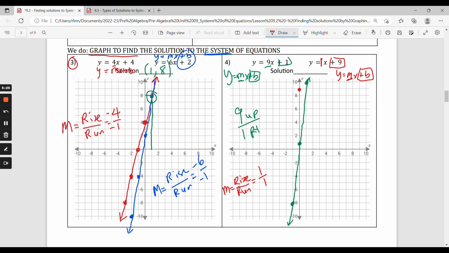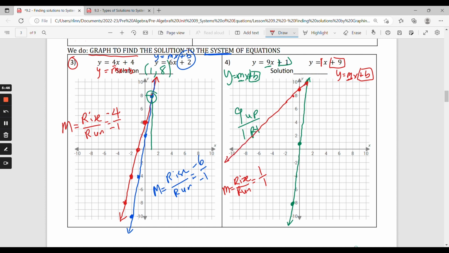So that means I'm going to go up 1, right 1. So I go up 1, right 1, and I've got my point there. I can go the other direction, down 1, left 1, down 1, left 1, and I can keep going and going. And we can see here that it's going to be a perfect 45-degree line through all of those perfect points all the way down.